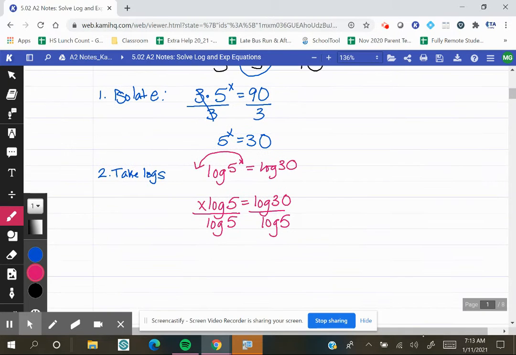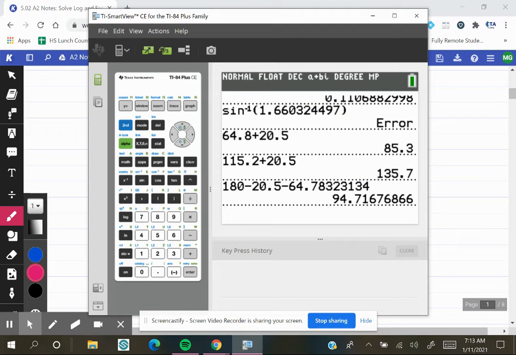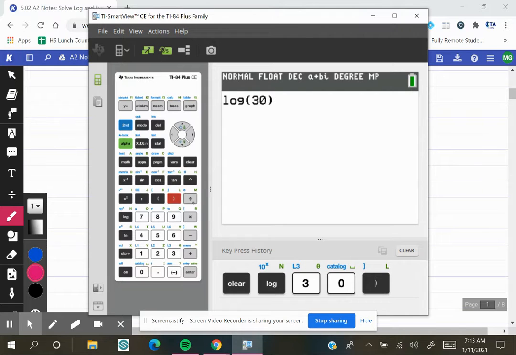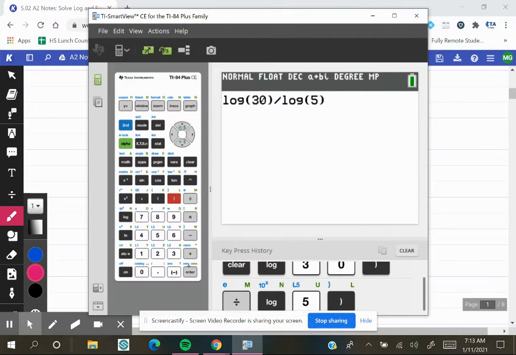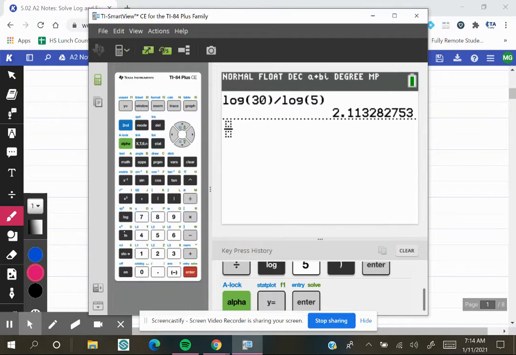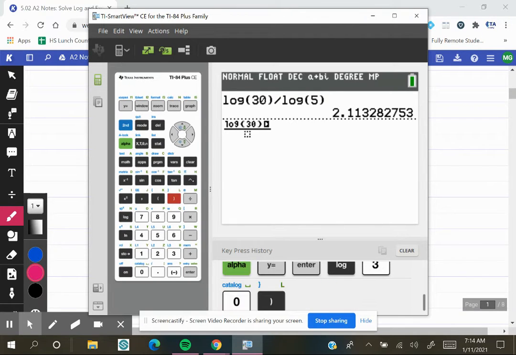And now I'm going to type this into my calculator and get a decimal. So in my calculator, I'm going to take log of 30 and divide it by log of 5. Or you could use your alpha y equals button and do log of 30 here divided by log of 5.